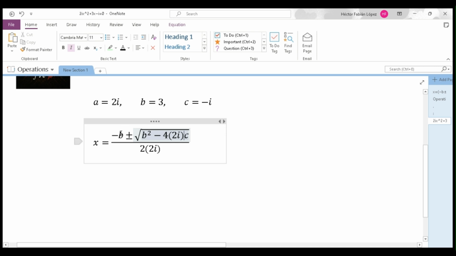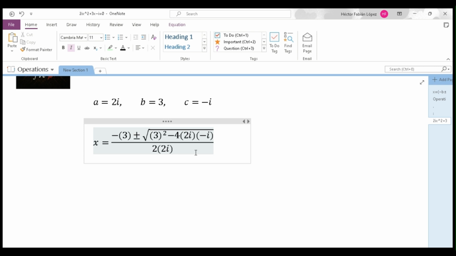Now we are going to do the substitution of b, 3, and here 3 again, all in the parts of b. We substitute, and then here c is equal to negative i.